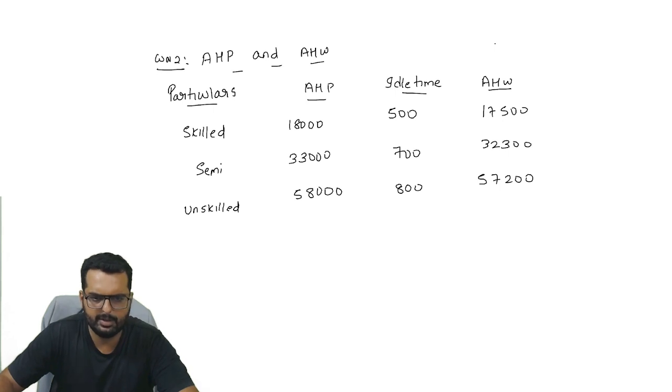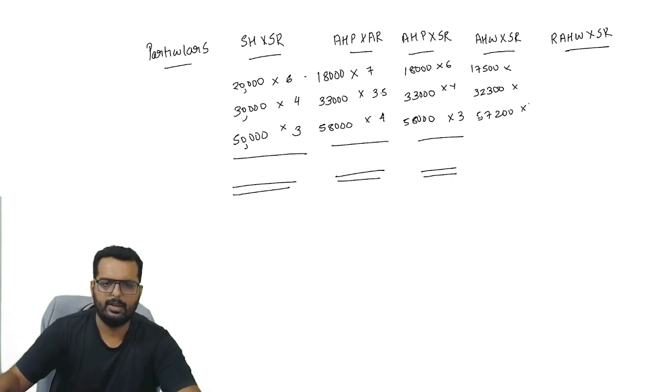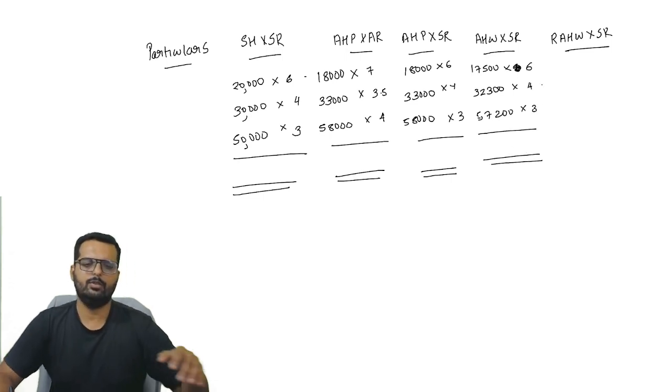AHW we have found out over here: 17,500, 32,300, and the last one is what? 57,200. Into what is the standard rate they are having? 6, 4, 3.